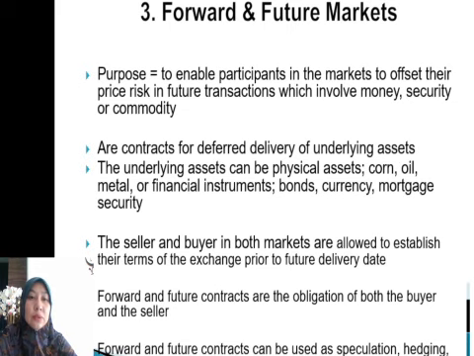It is a contract for deferred delivery of an underlying asset, which can be a physical asset. The contract will be executed in the future, but the price of that contract is fixed now, for the sake of risk mitigation. So we call them forward and futures products.